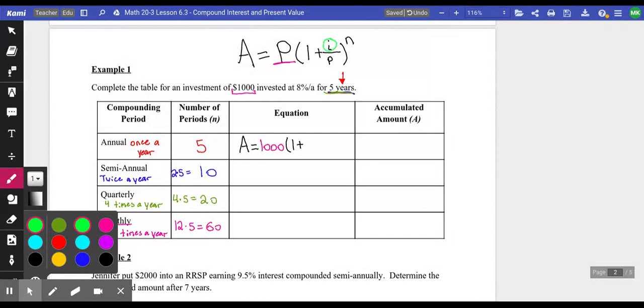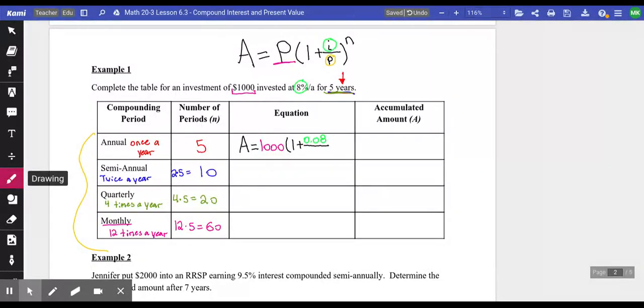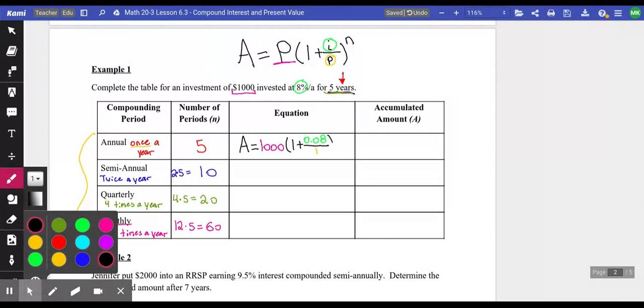I is your interest rate, which is 8%, but we want that as a decimal, so 0.08, divided by little p. Little p comes from how many times you're charged in 1 year. Annually is only once a year, so I'm dividing by 1. The exponent is n. N is the total number of times you're charged interest. N is 5 in this question.